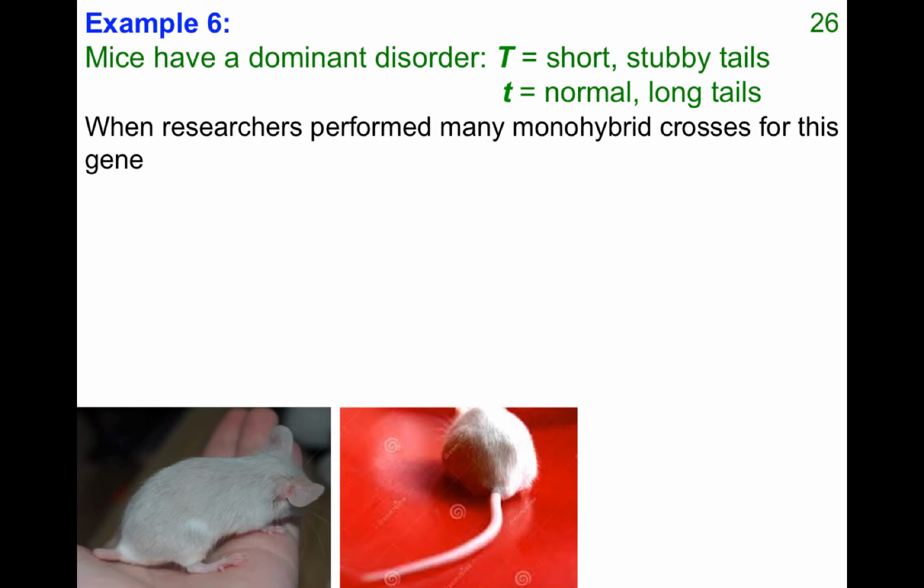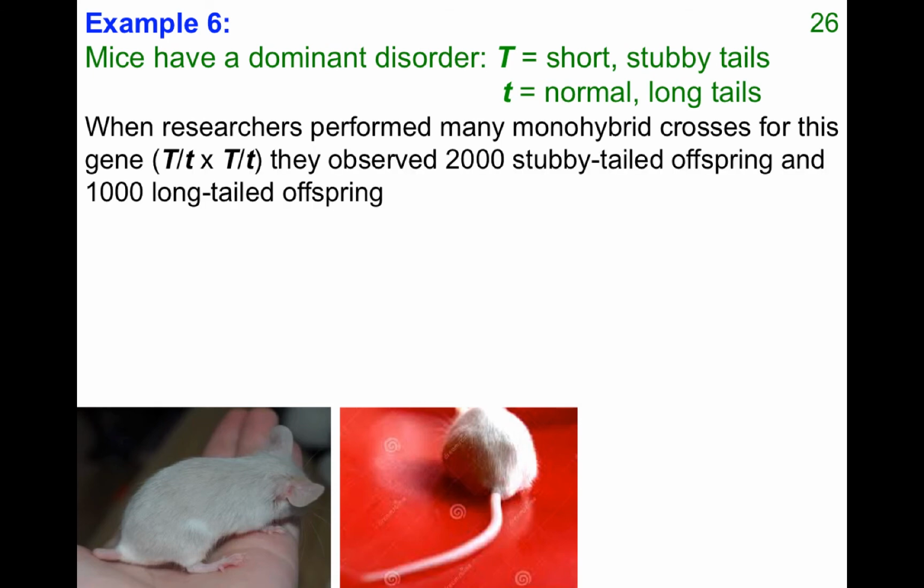The researchers wanted to study this gene, and so they performed a bunch of monohybrid crosses. They crossed big T small t with big T small t. In their results, they observed that out of 3,000 offspring, 2,000 of them had stubby tails like this, and 1,000 of them had normal long tails like this.